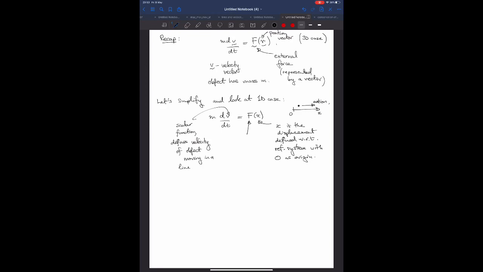And this is a scalar, just a function, not a vector. Or scalar function, as I call it, when it doesn't have multiple components.